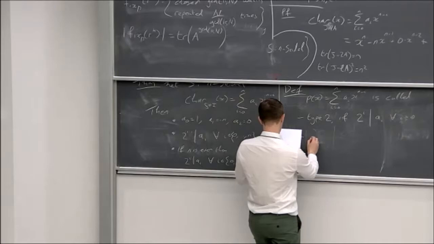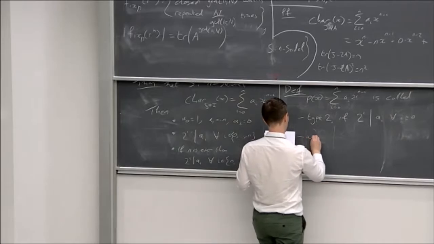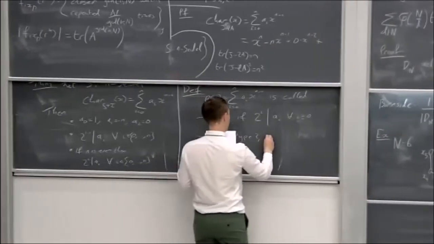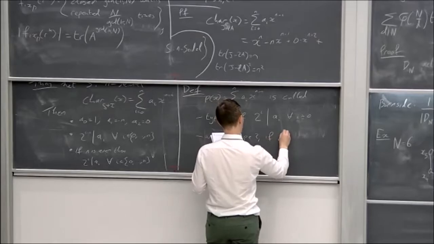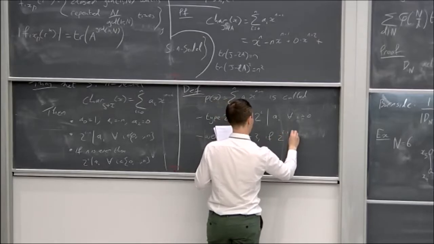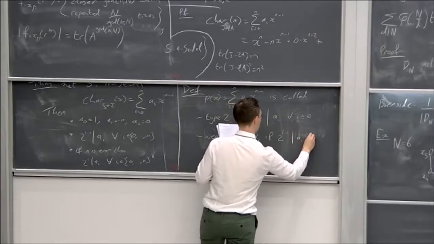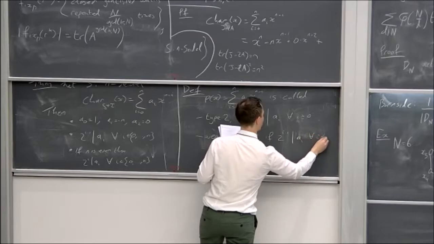And we're also going to define a related polynomial called weakly type 2. This is if 2 to the I minus 1 divides A sub I for all I at least 1.